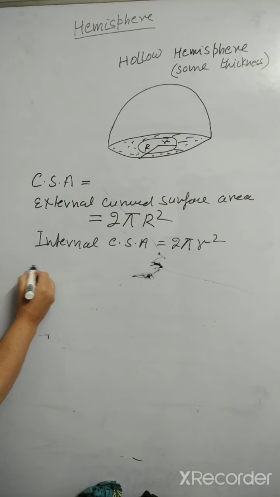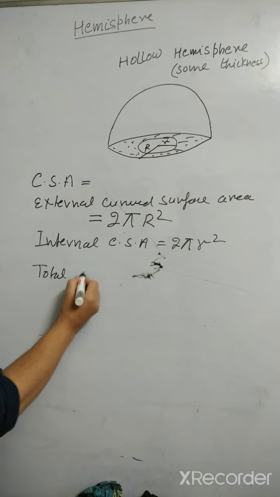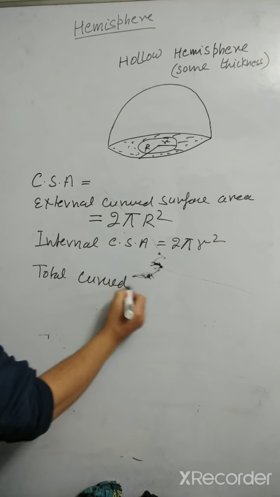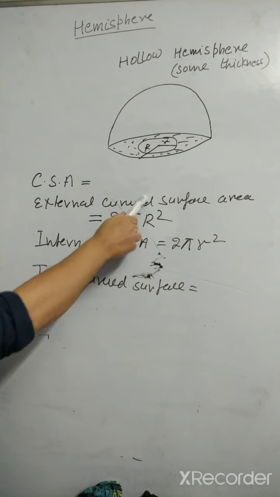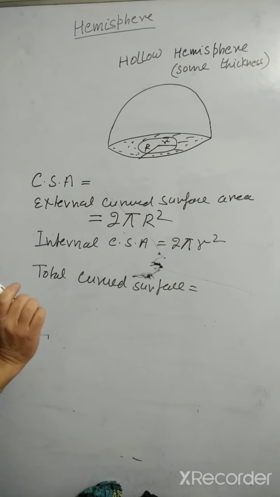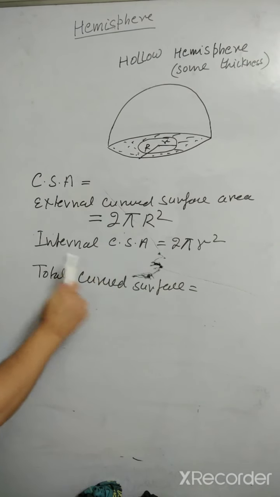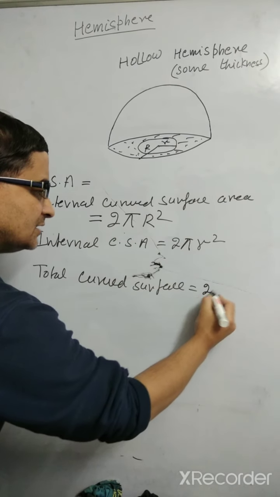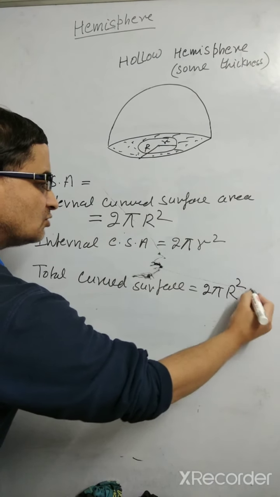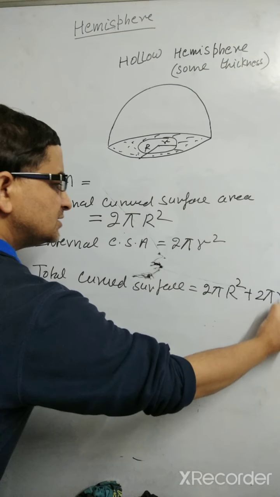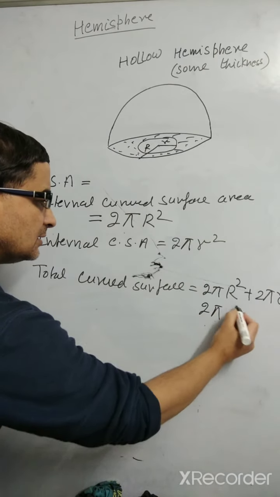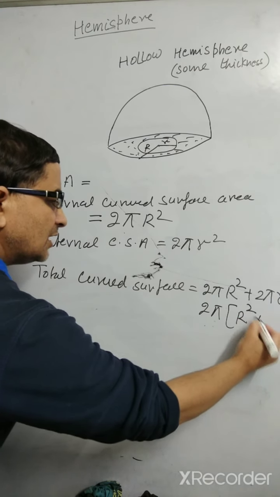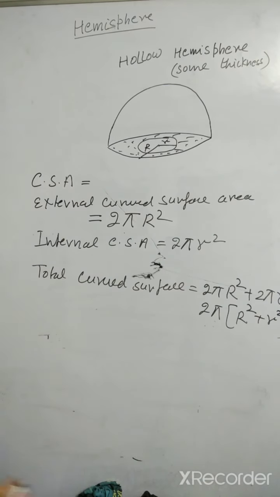So the total curved surface area will be the external curved surface area plus the internal curved surface area. How much will it be? External plus internal, that is 2 pi R square plus 2 pi small r square. So it will be 2 pi times capital R square plus small r square. So this will give you the total curved surface area.